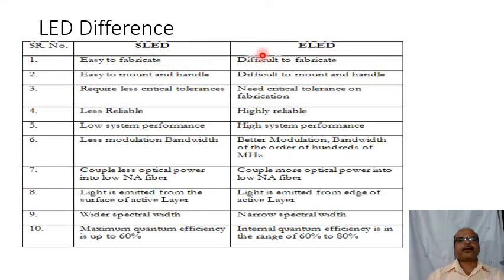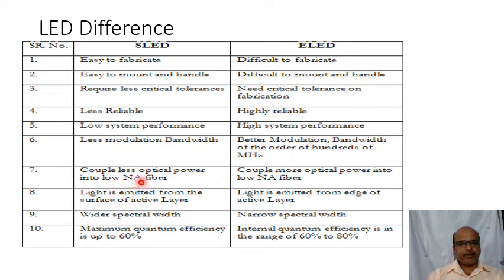So the difference between surface emitter LED and edge emitter LED: easy to fabricate, difficult to fabricate; easy to mount and handle, difficult to mount and handle; requires less critical tolerance, needs critical tolerance. It is less reliable, it is highly reliable; low system performance, high system performance; less modulation bandwidth, here better modulation bandwidth.